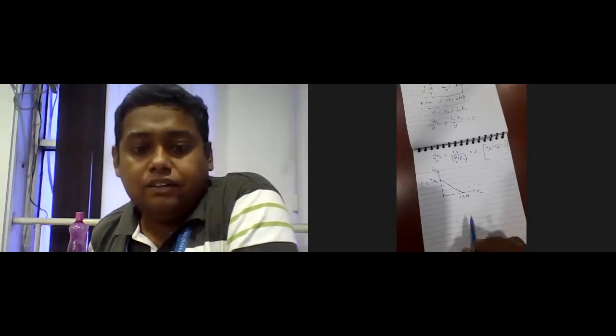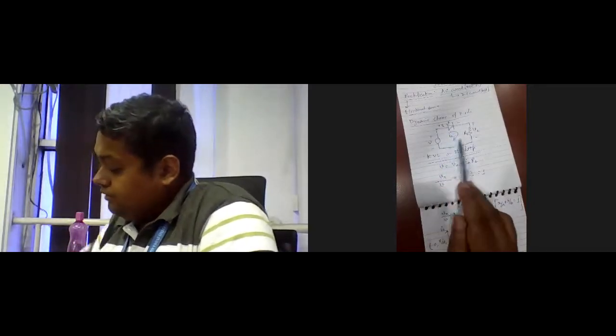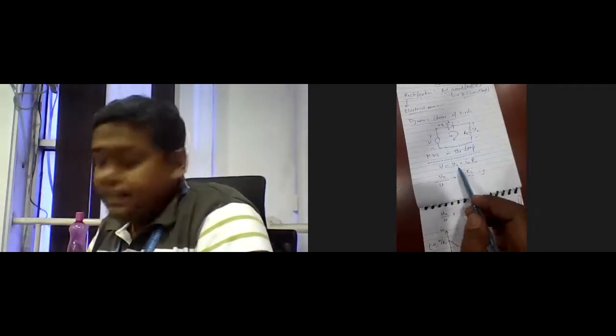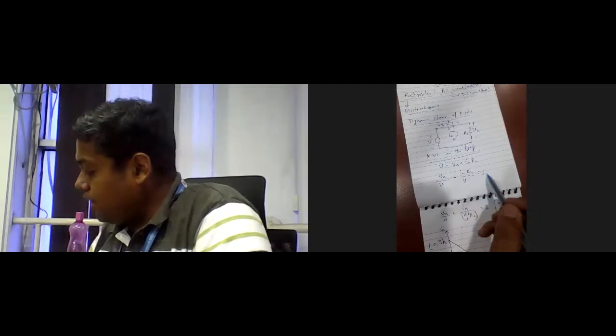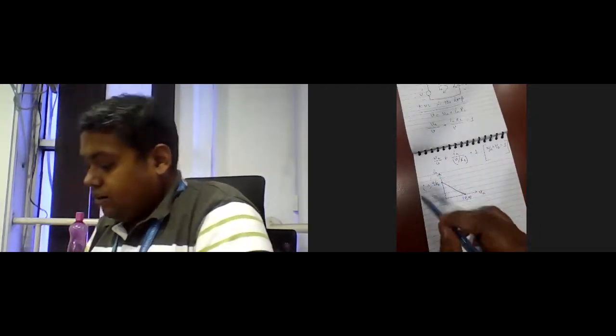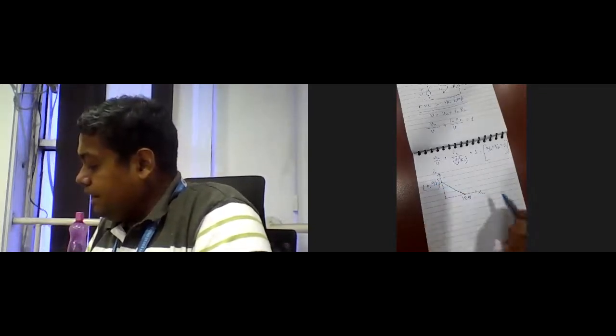So how is the DC load line formed? From the KVL equation applied over this diode, V equal to VA plus IA into RL, VA by V plus IA RL by V is equal to 1. From here we can plot this load line, with intercepts V by RL on the y-axis and V on the x-axis.